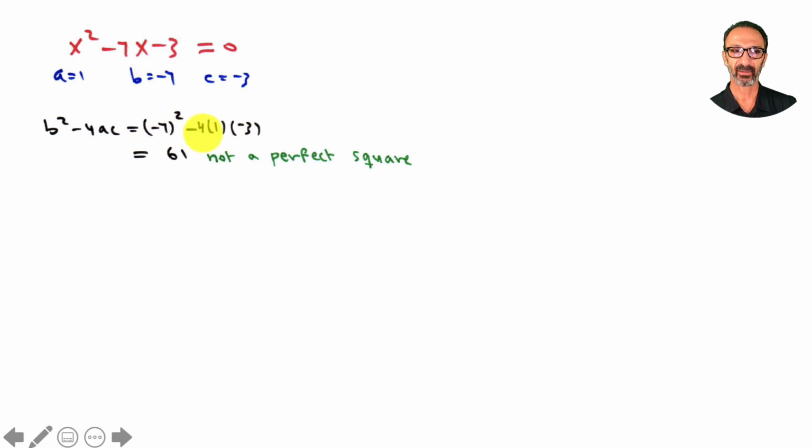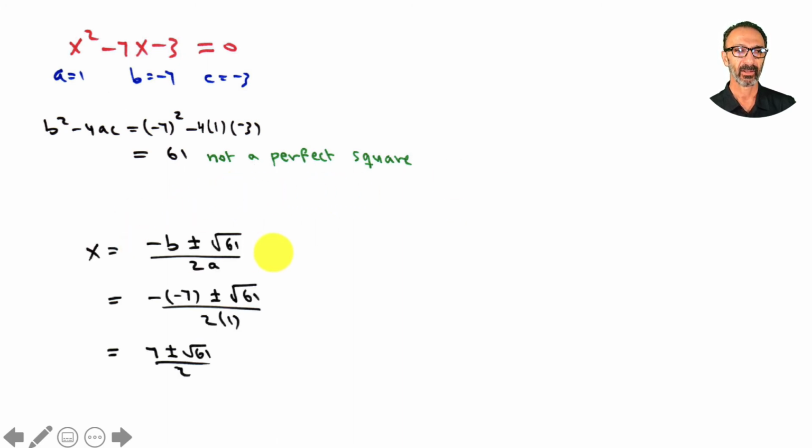So it's 49 plus 12. 61 is not a perfect square. It's not like the 25, the 36, the 49, the 81, the 64, and the 100. So we're going to end up with irrational numbers, and that's fine. Just applying the formula. Instead of writing here square root of b squared minus 4ac, that's why we do this on the side, to help us write less right here with the fraction.